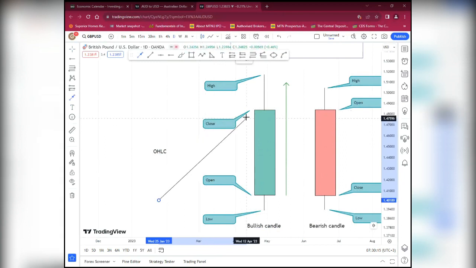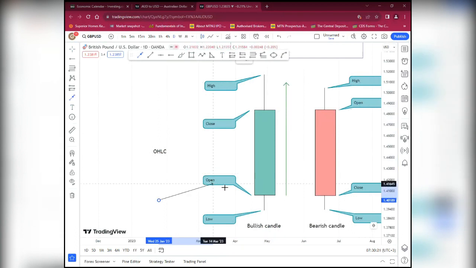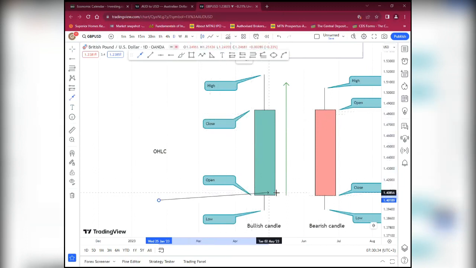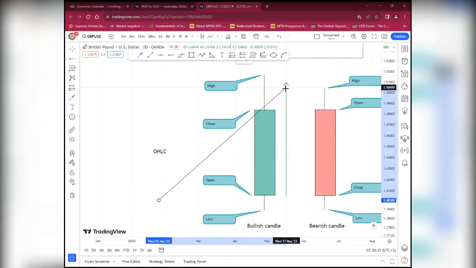So the body of the candle, if it's a bullish candle, the bottom part of the body are the opening prices. The top of the body are the closing prices. I've drawn this to show you the direction of the market.